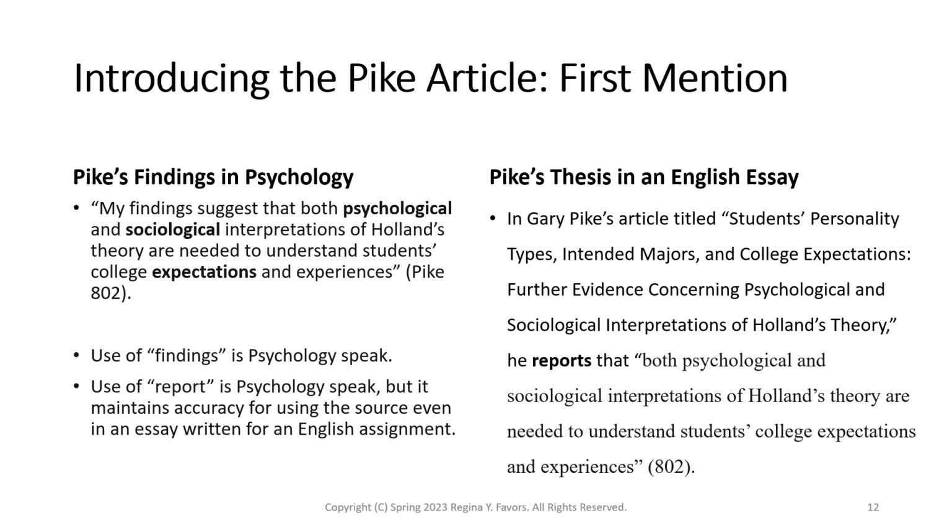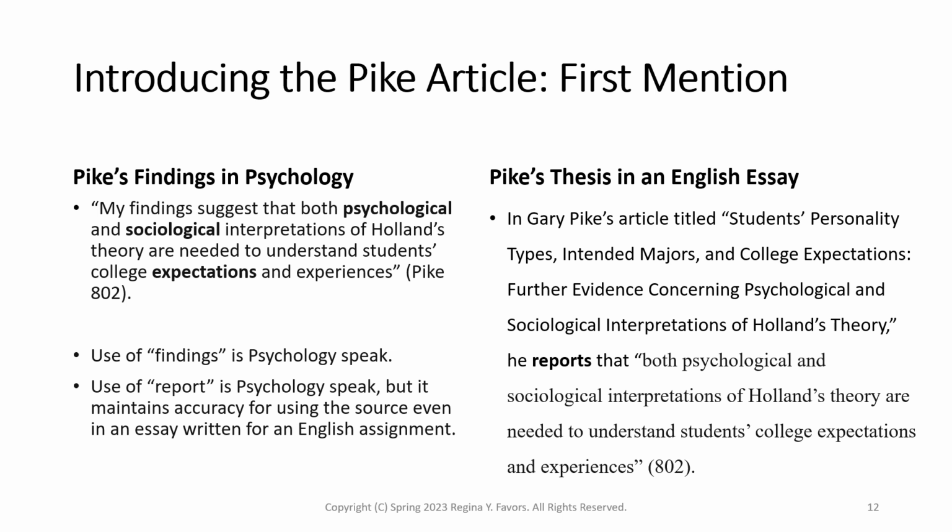So if we're looking at introducing the Pike article by first mention, and we want to introduce the author's work or the researcher's work by his findings or by his thesis or by his position, then we would have to do so formatting the information for MLA. So again, here's his thesis or his findings.